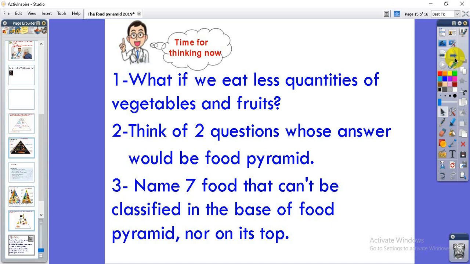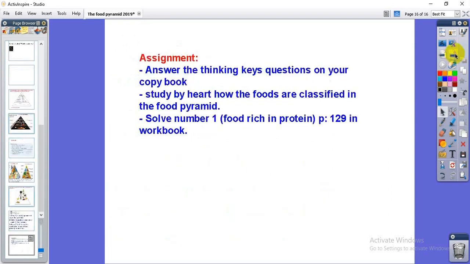These are thinking keys. Number 3, you have to name 7 foods that can't be classified in the base of the pyramid nor on its top. Okay? This will be a homework for you to do for the next time.